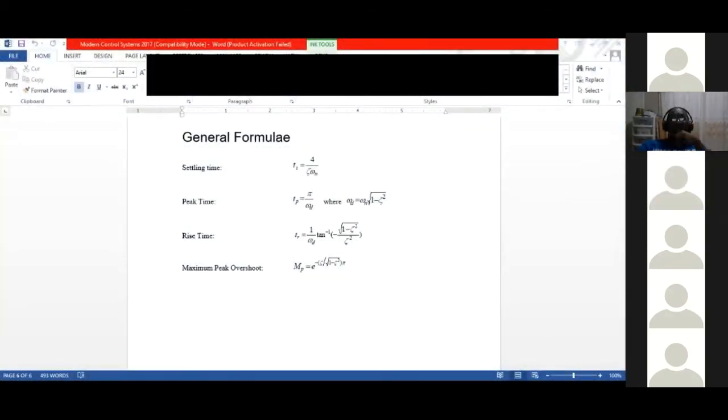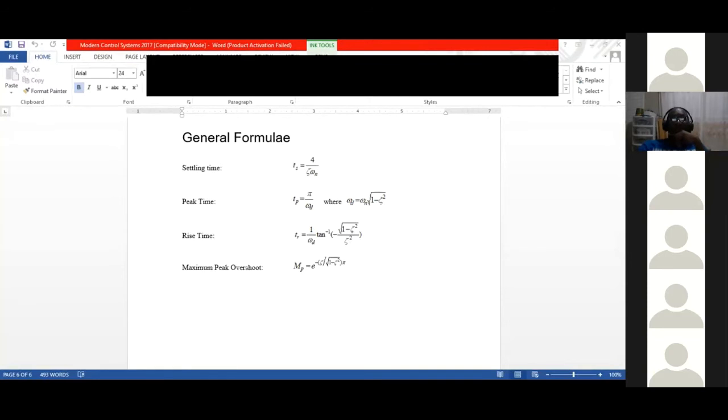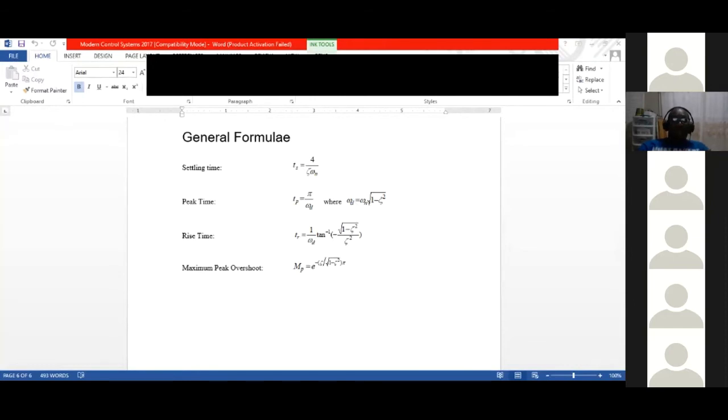The formula for rise time is 1 over omega d tan inverse of minus the square root of 1 minus the damping ratio squared over the damping ratio. So this is the formula for rise time.